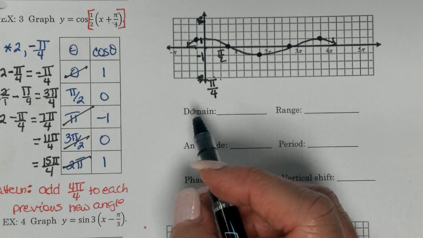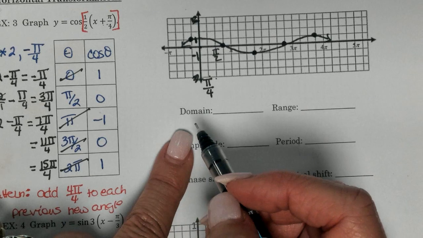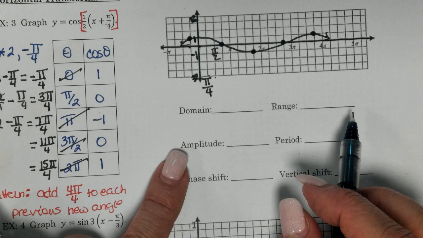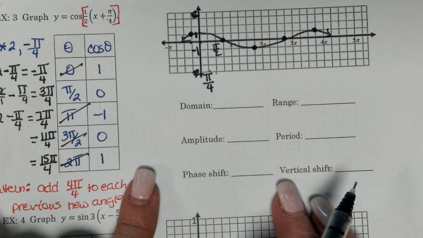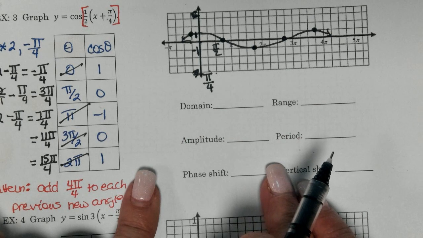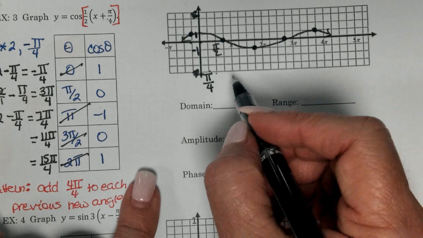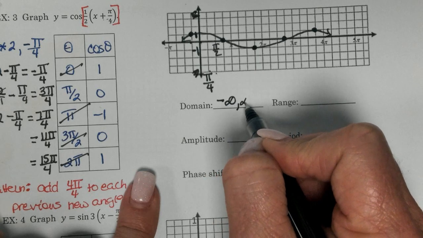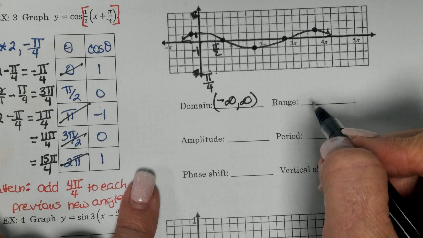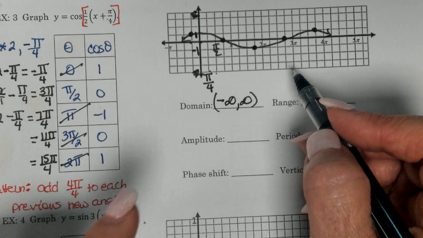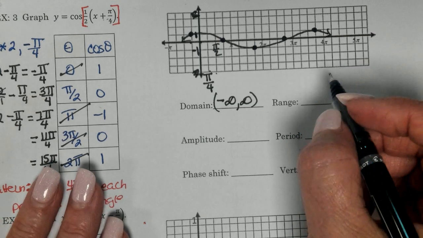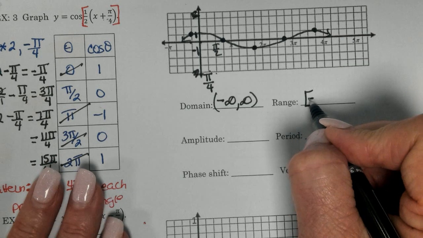All right, now what we're looking at, our domain and our range. Our domain doesn't change. It's still negative infinity to positive infinity. But our highest and lowest point is still the same as our parent function, because we didn't change anything vertically.